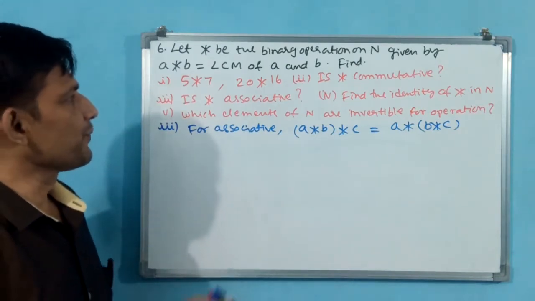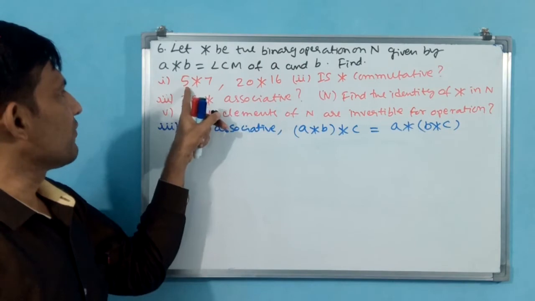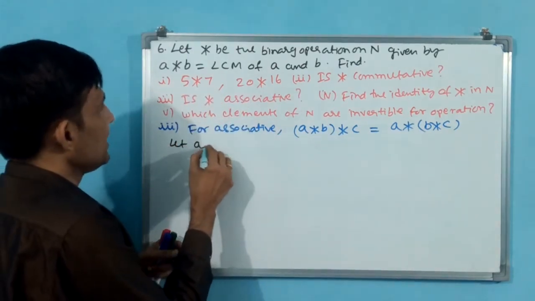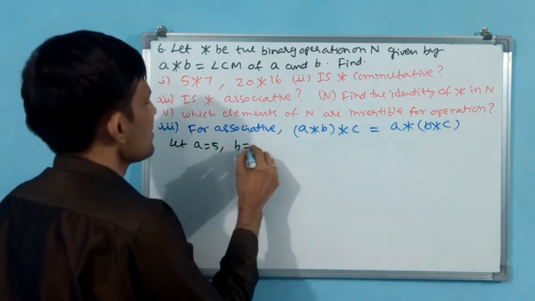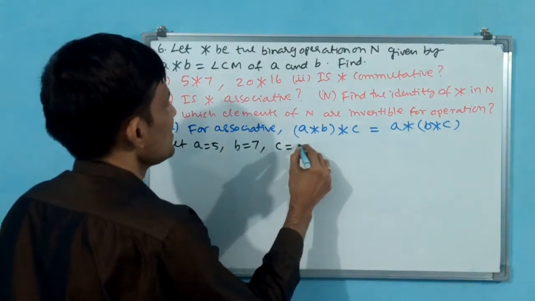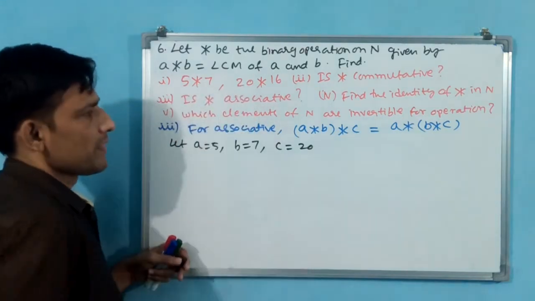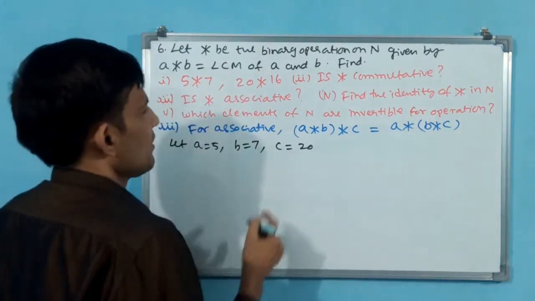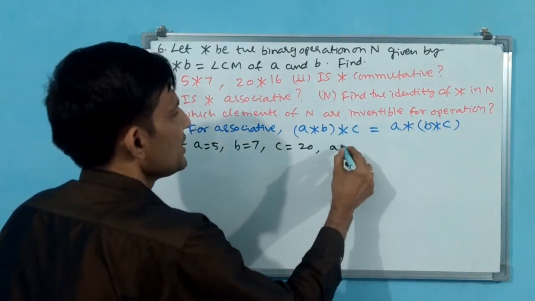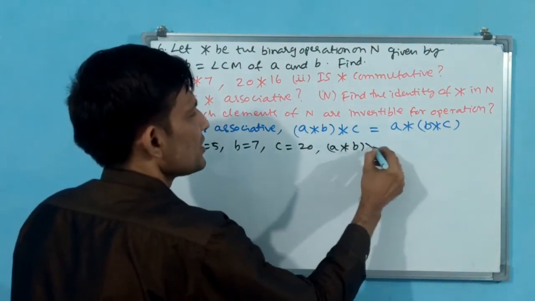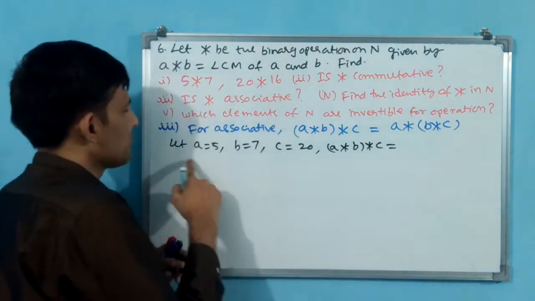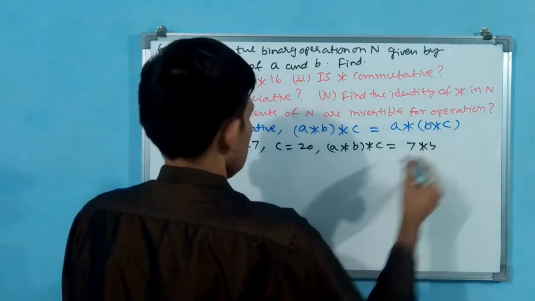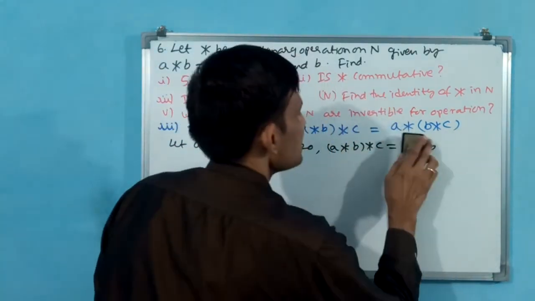What we do, we take these elements only, 5, 7, 20, straight away. Let A is equal to 5, B is equal to 7, C is equal to 20. Any one example we will check and we will close. A star B means 5 and 7, 35 we know. Don't miss the order.